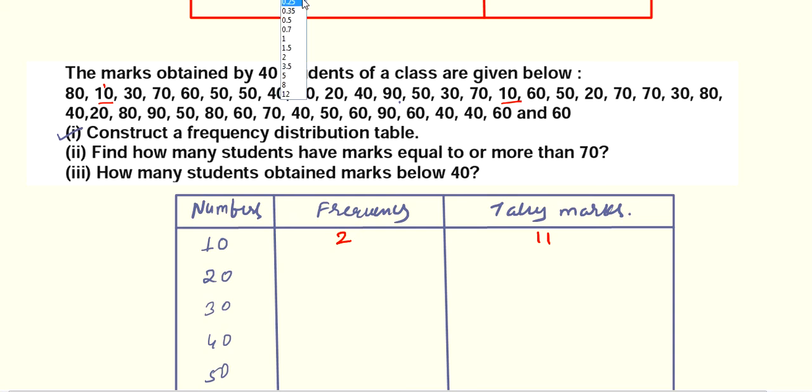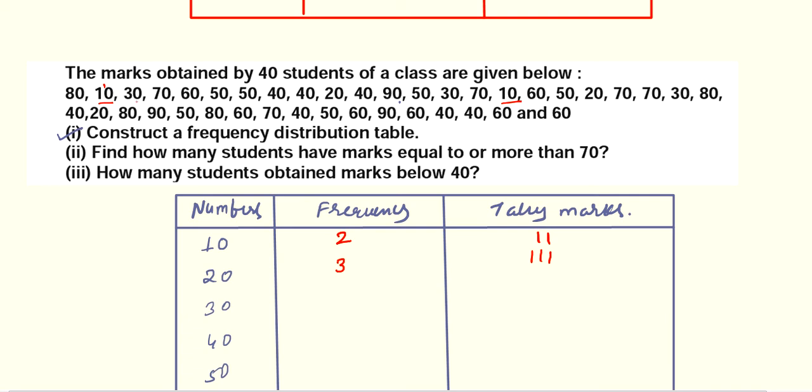Okay, then next is 20. 1, 2, 3. Only 3 times we are having, so the frequency is 3, tally marks 1, 2, 3.